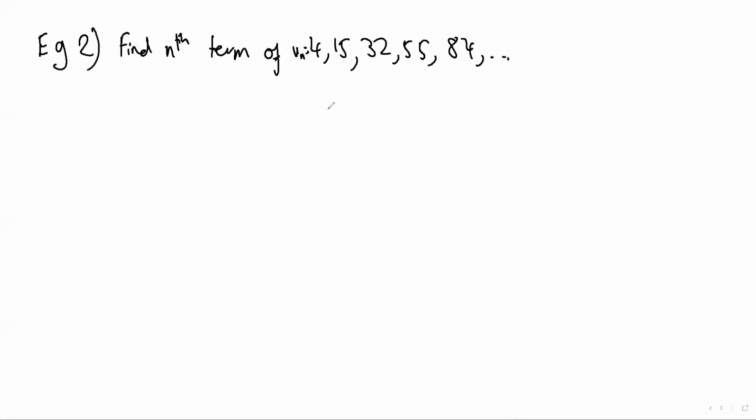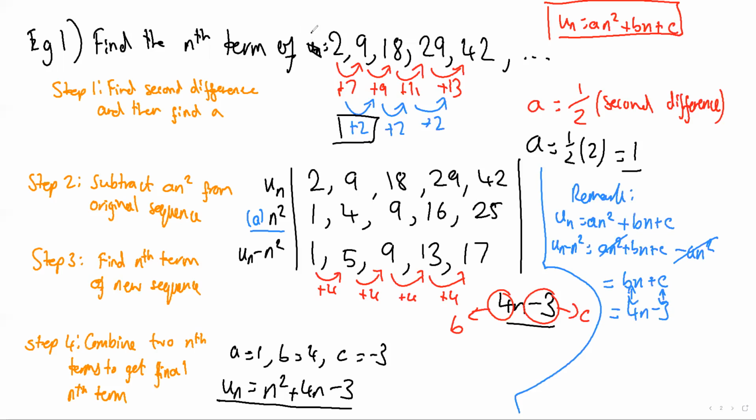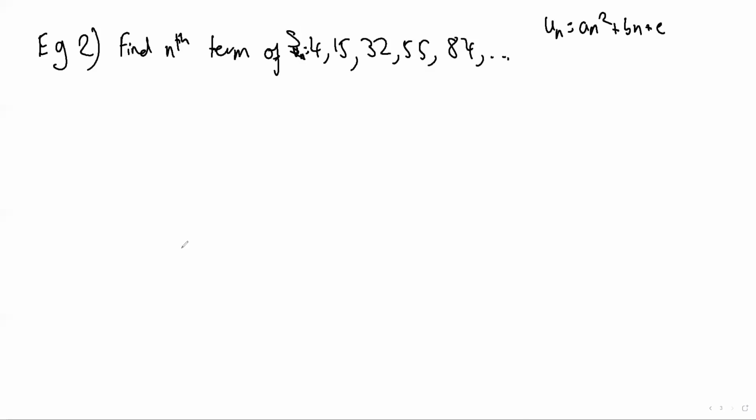We could call this S for sequence, with u_n being the actual nth term. You don't have to label your sequence, but u_n is more to do with when you're actually calculating the nth term.